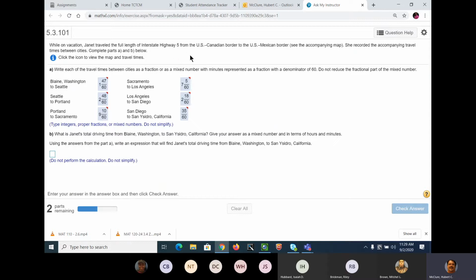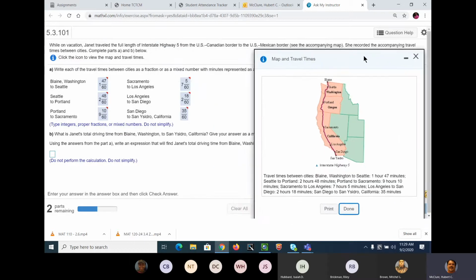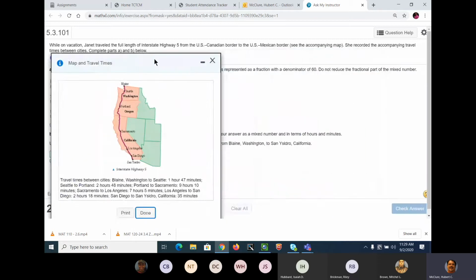This looks like one of those questions that's more confusing than it is anything. Janet traveled the full length of Interstate Highway 5 from the U.S. Canadian border to the U.S. Mexican border. See the map. So let's go ahead and draw the map. Okay, there's the map. She recorded accompanied travel times between cities.